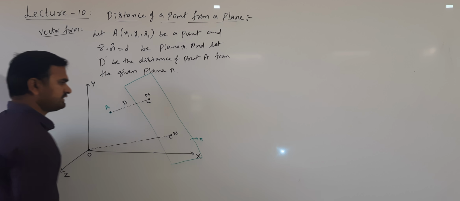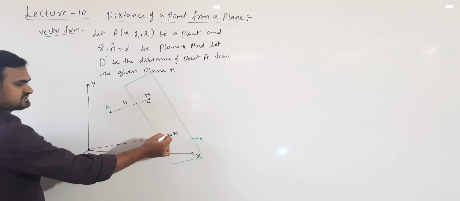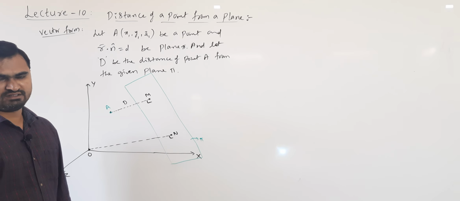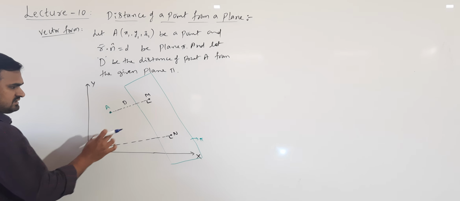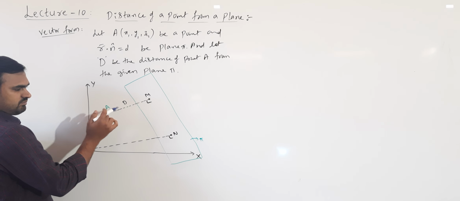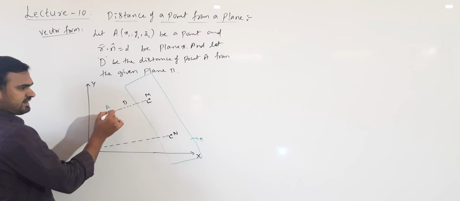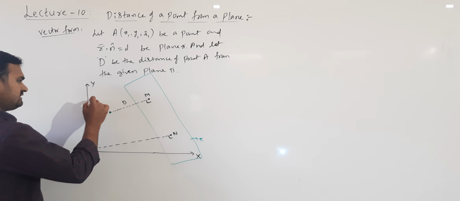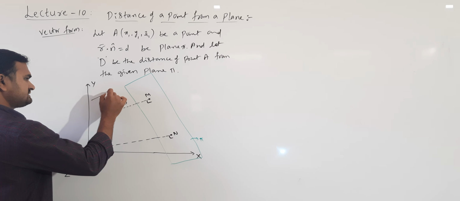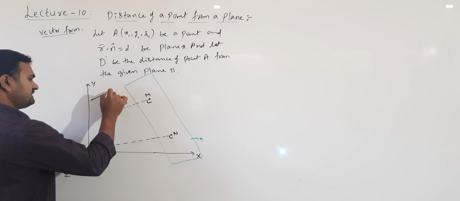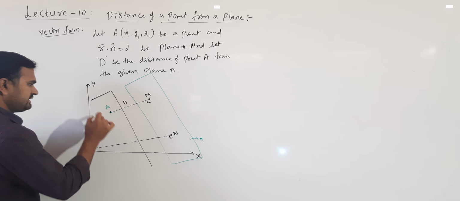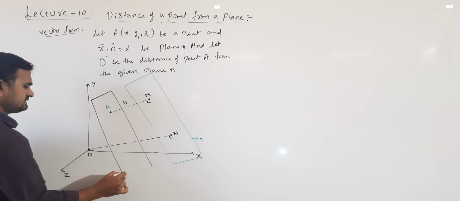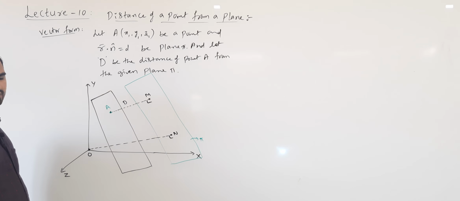Suppose this is ON. So the ON distance we know, that is d. Now here I will consider a plane passing through point A and parallel to this given plane. Let us consider another plane like this, which is passing through the given point A and is parallel to this given plane.